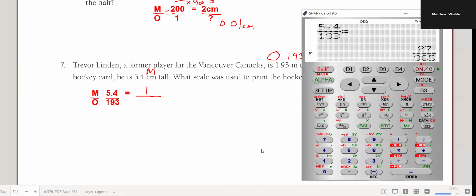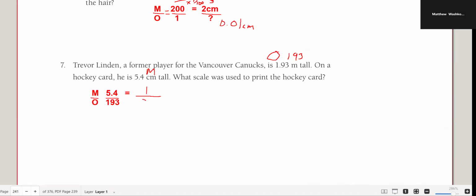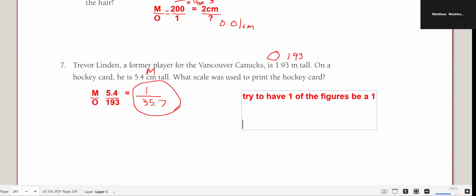So what I'm actually going to do is take 193 and divide it by 5.4 in this case, to get 35.7. So it's a 1 to 35.7 ratio here. So you do want to try to have one of the figures be a 1. Again, 1 centimeter should equal other centimeters. It's that important. So it's really important to try to be able to do that.